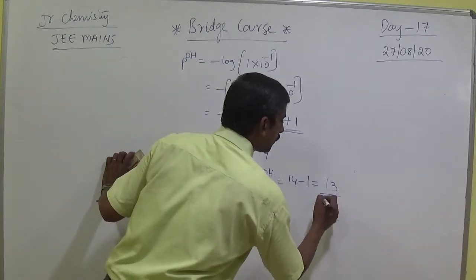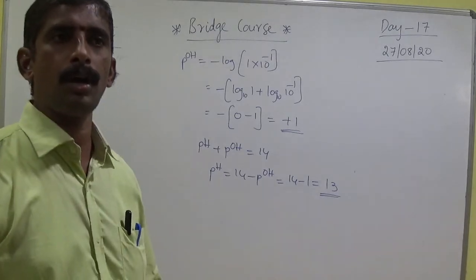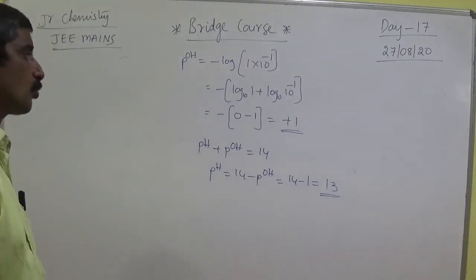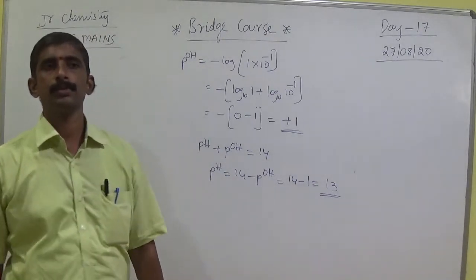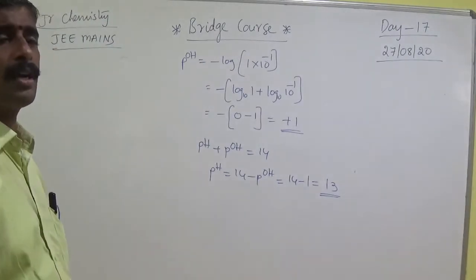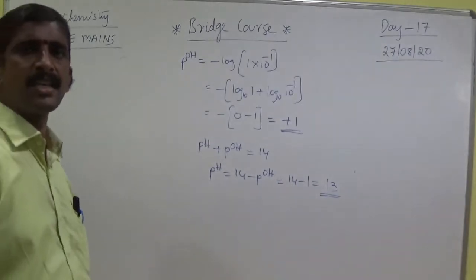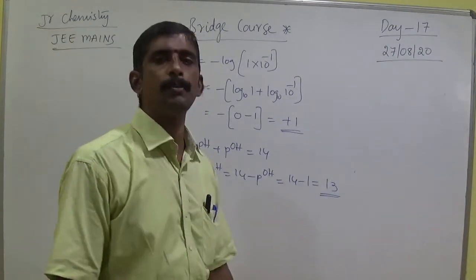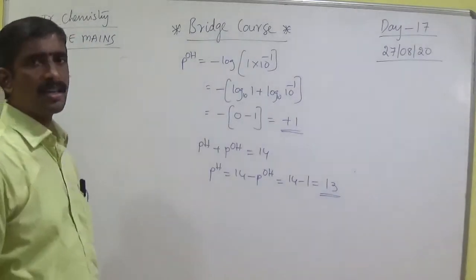So the answer is 13. The pH value of 0.05 molar barium hydroxide solution is 13. So it is one type of problem. Here, how can we calculate the pH value from the acids and from the bases? These are pH and pOH. Okay, write down. Next, another concept.